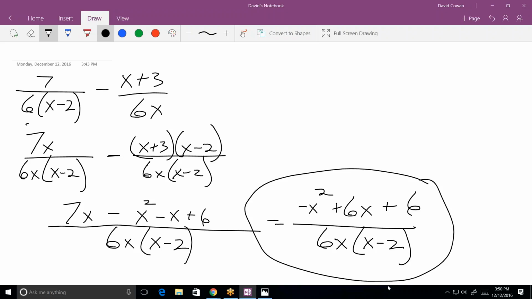And it was close. In other words, by the time I factor out a minus 1 here, I'm going to have x squared minus 6x minus 6. And that's close. If that would have been a 5x, then I could have factored an x minus 2 out of that.